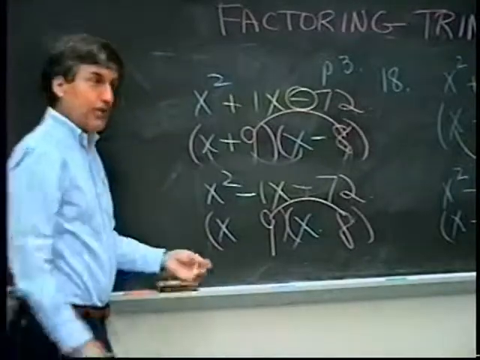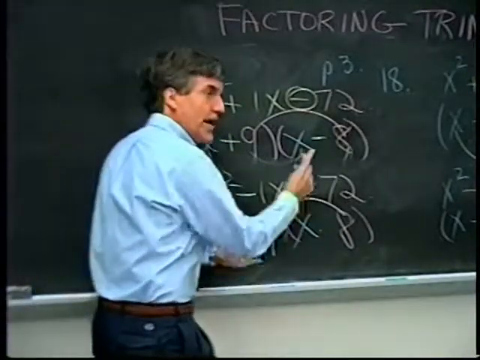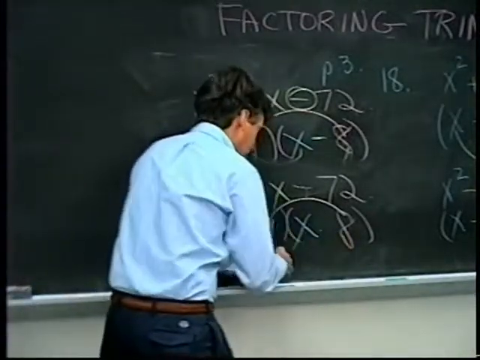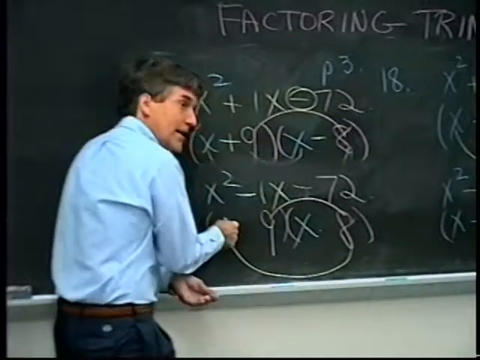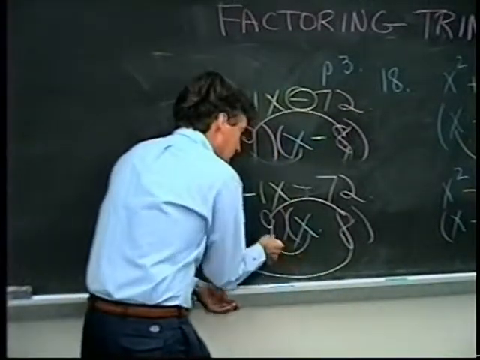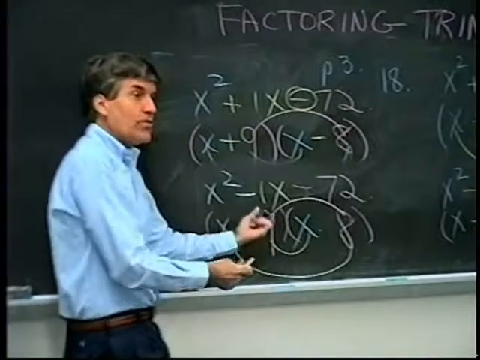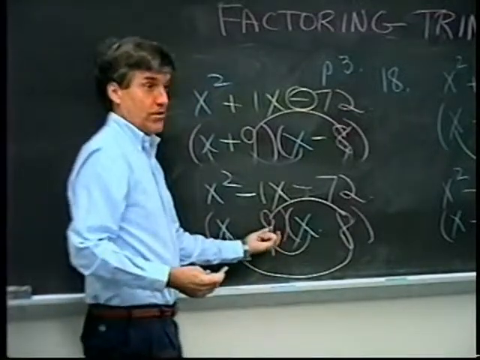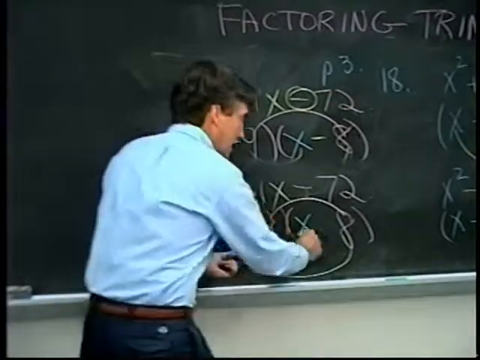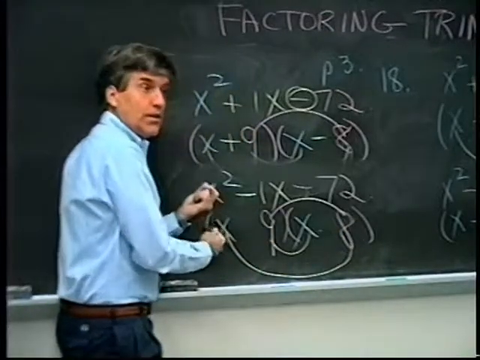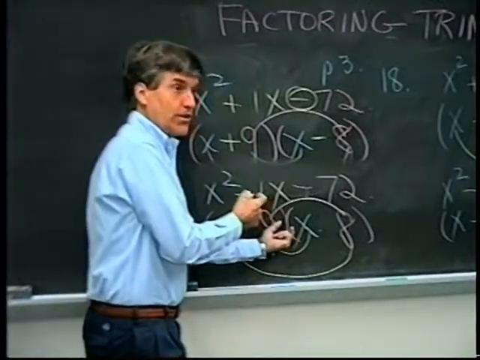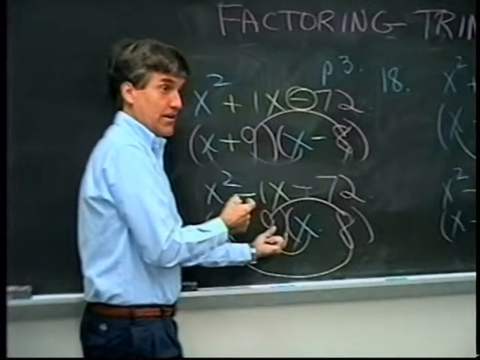Okay? And if it's a 9, 8, now figure the outer times outer and the inner times inner. The outer times outer is what? 8x. The inner times inner is 9x. So which of those combinations is larger? The 9x or the 8x? The 9x is larger. So which one gets the sign?